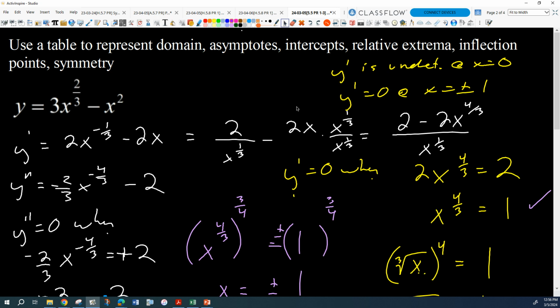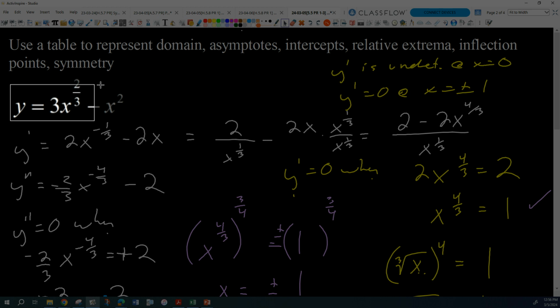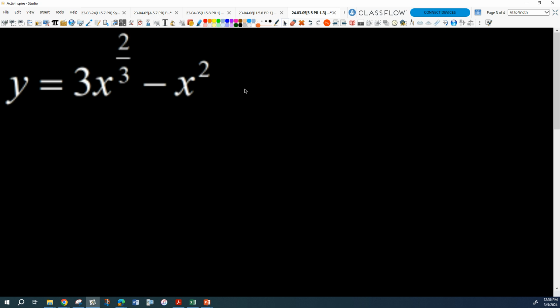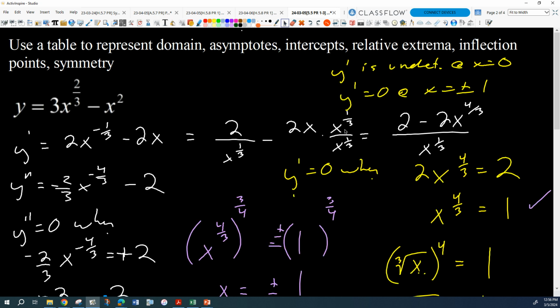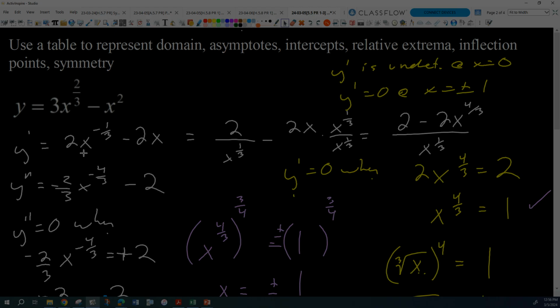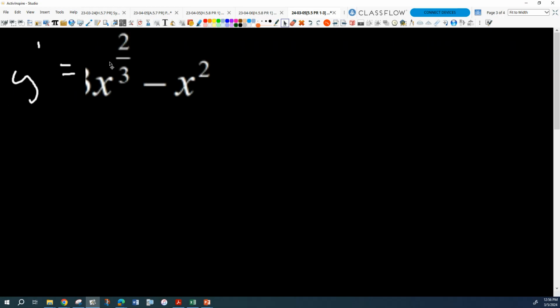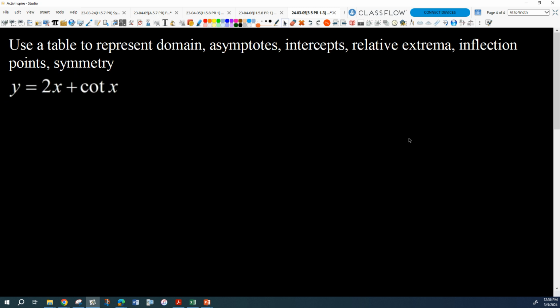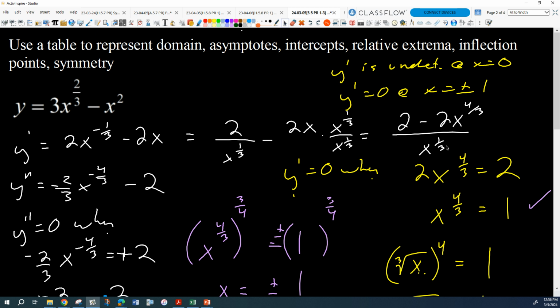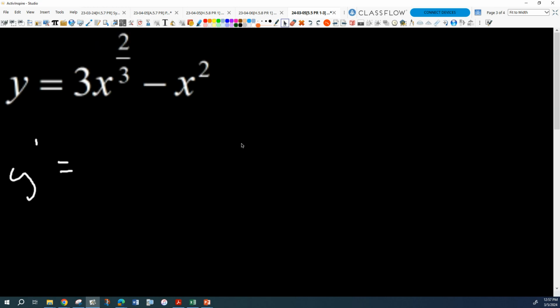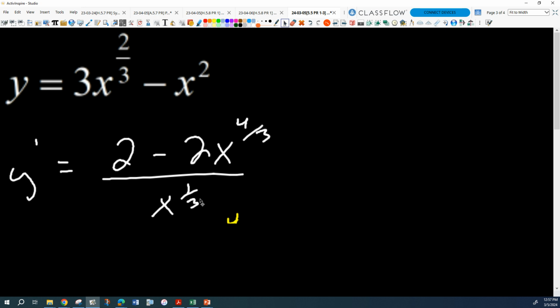Okay, so here's our original function. We need that, right? We need our first derivative. I'm going to pick, this is a pretty convenient form of our first derivative. So let's pick that one. Okay, there it is.